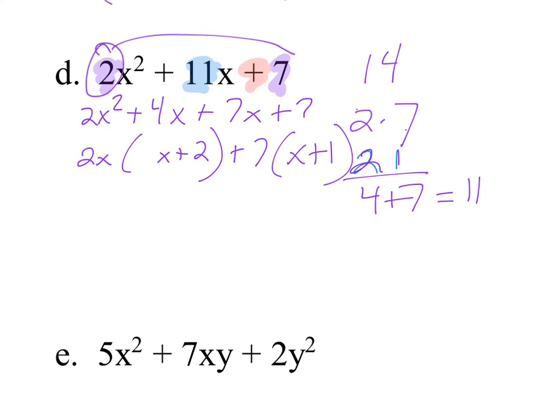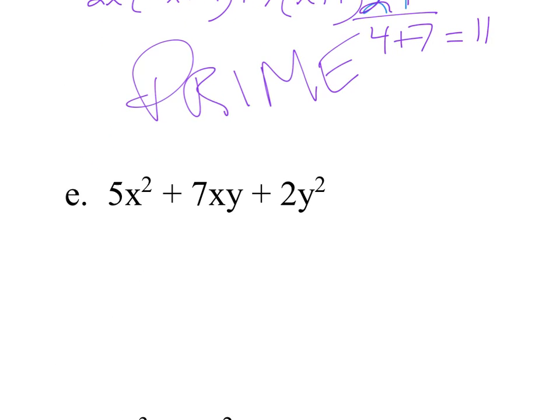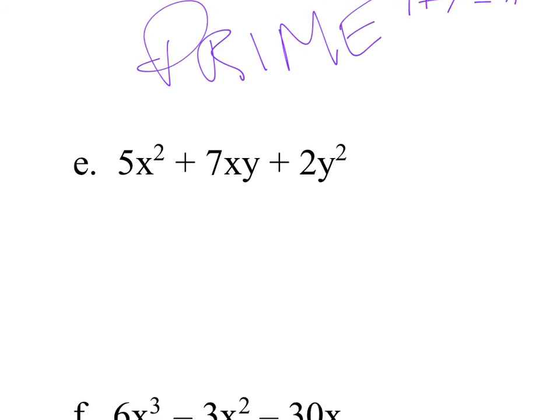This might be prime. All right, what we're going to do is go back a page and see if that one was prime. Well, there we have it. So, it was indeed prime. So now we only have a couple more to do here.